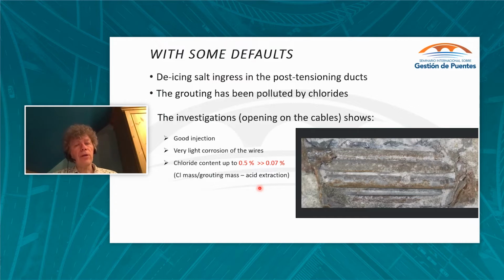We know also that even if we renew the waterproofing and there is no more ingress of water inside the cables, the water that is still contained in the grouting will interact with the chloride and produce some important corrosion. So what will we do in the future?